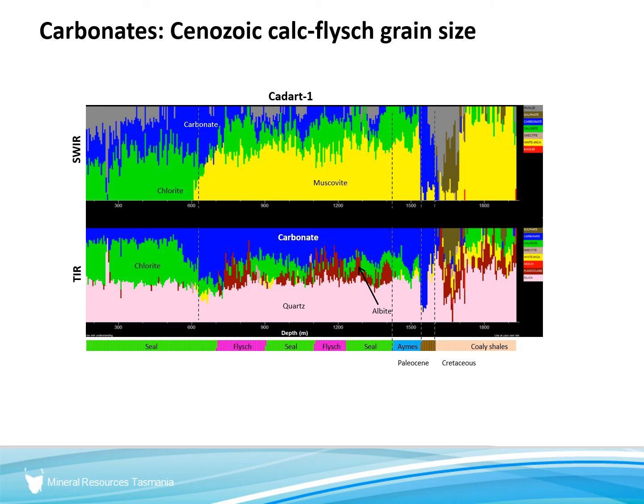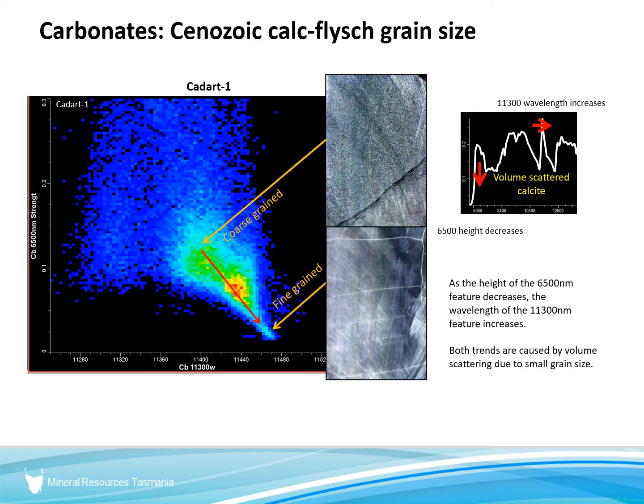Here we are in New Caledonia looking at a calc flysch, so carbonates all down this long drill hole, 2,000 meters long, so lots and lots of carbonate, and we can use it to actually measure the grain size of the rock.